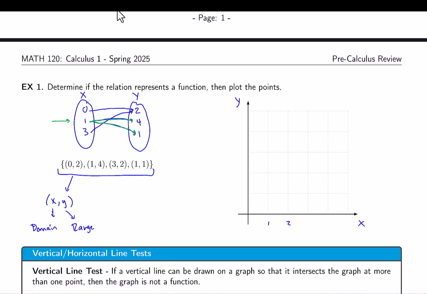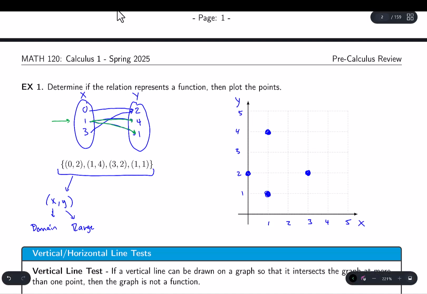So, for instance, if we are talking about xy coordinates, we have two axes, x and y, and they're labeled here. I'll just mark off by ones, same thing on the x and the y axis, and plot these points. So 0, 2, that point is there. 1, 4, that point is right there. 3, 2, that point would be right there. And then finally 1, 1, that point would be right there.